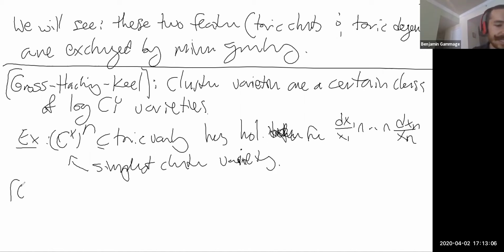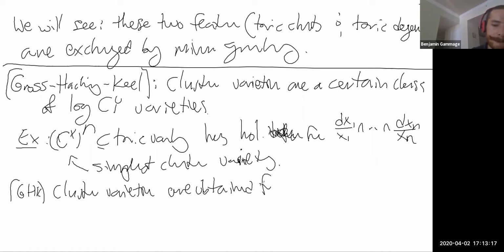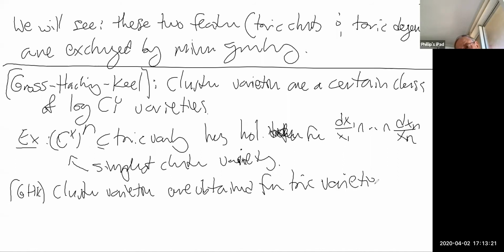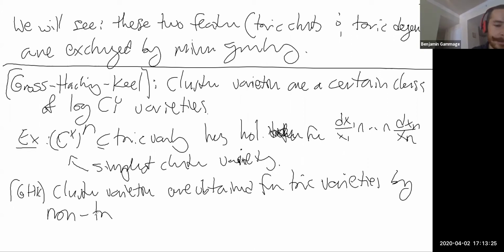GHK explained to us that cluster varieties are obtained from toric varieties by non-toric blowups inside the toric boundary divisor.